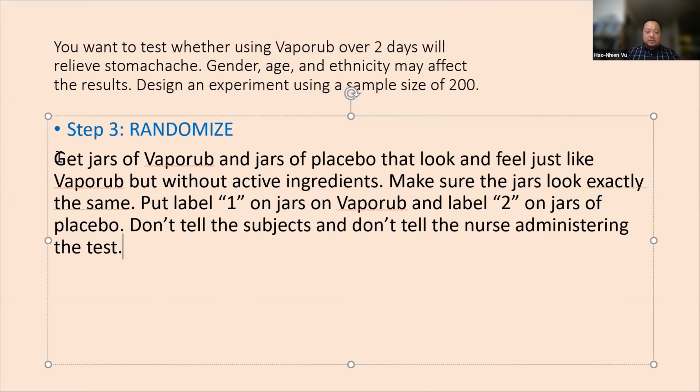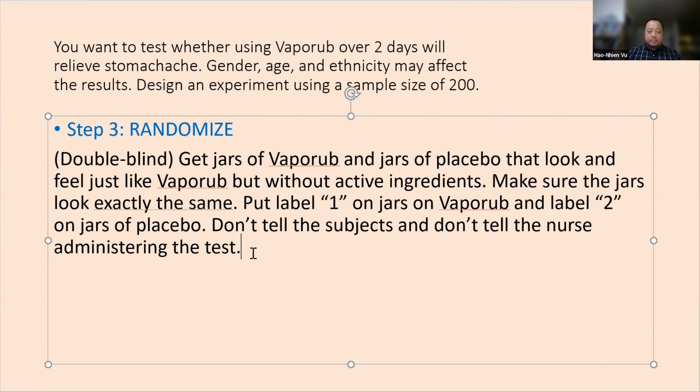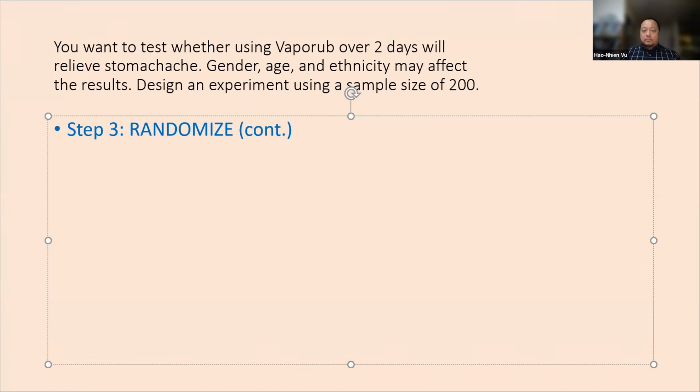All of this is to ensure double blind. Having had double blind, now I have to make sure I have random within each block. So I want to make sure each block has half vapor up and half placebo.